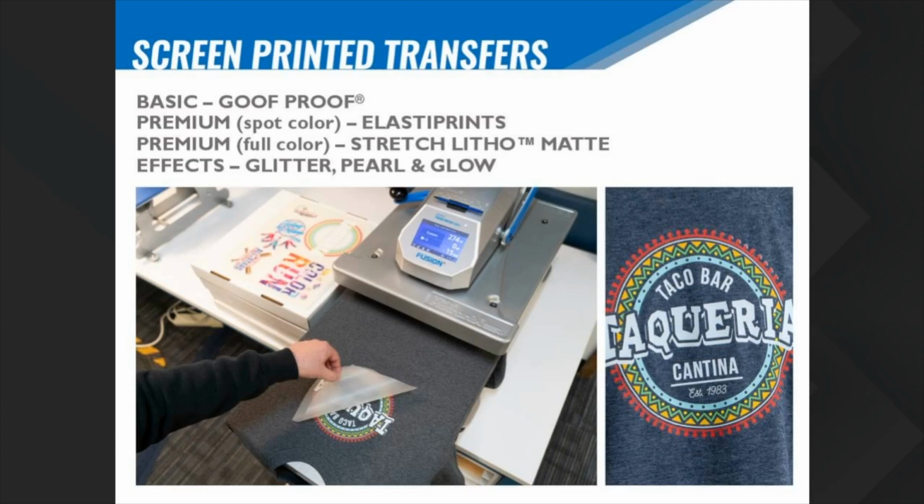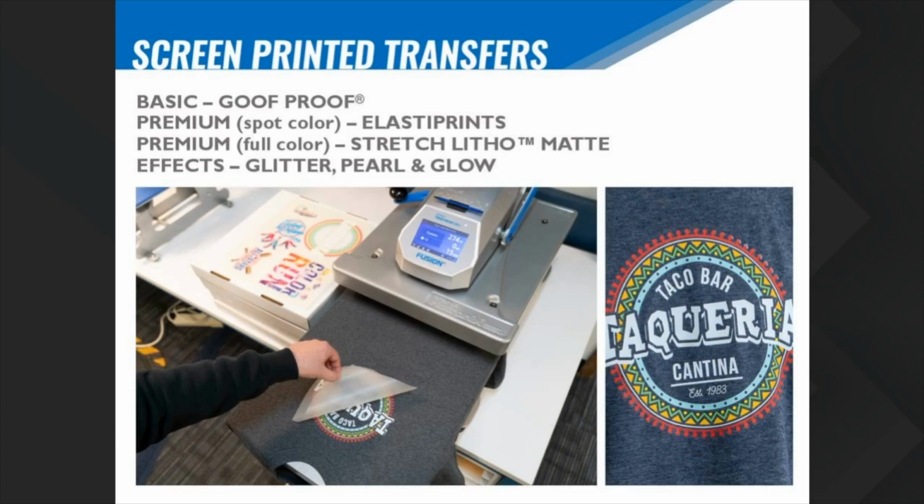Then you get into our more premium spot color product by the name of ElastiPrint. Oh, and let me back up. Goof Proof is great on cotton, cotton poly blend, and polyester. The only time I would recommend that you probably want to get into something more on the lines of ElastiPrints over Goof Proof is if you have a very heat sensitive fabric like performance polyester or moisture wicking polyester, because they tend to want to scorch or burn or leave marks, box marks at 365 degrees, which is what the product applies at, or its alternative application settings of 340.